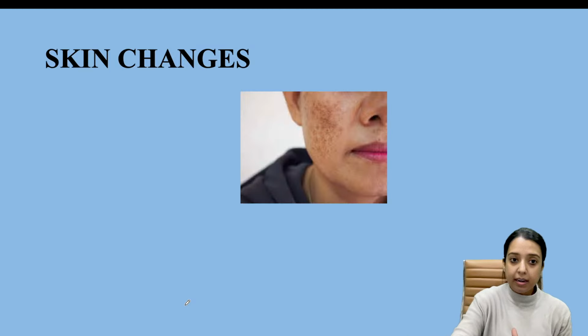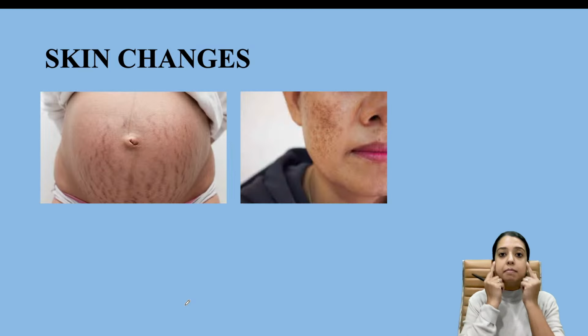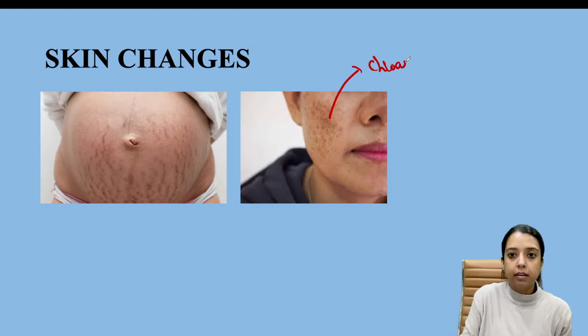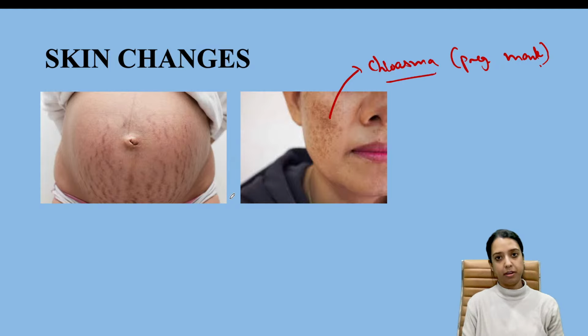Because of high melanin, there is darkening of various areas. Similarly, there is darkening of the malar area. We call it cloasma, also called the pregnancy mask, another skin change seen in pregnancy.